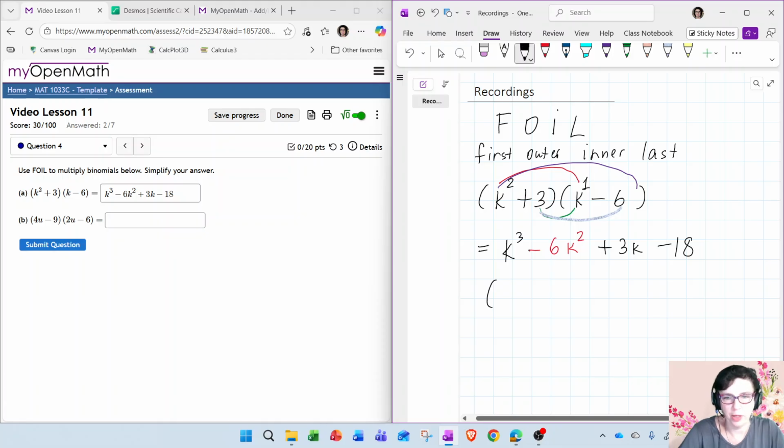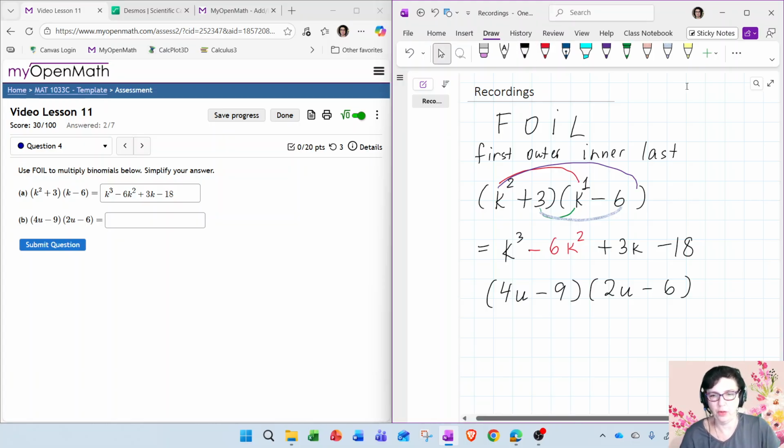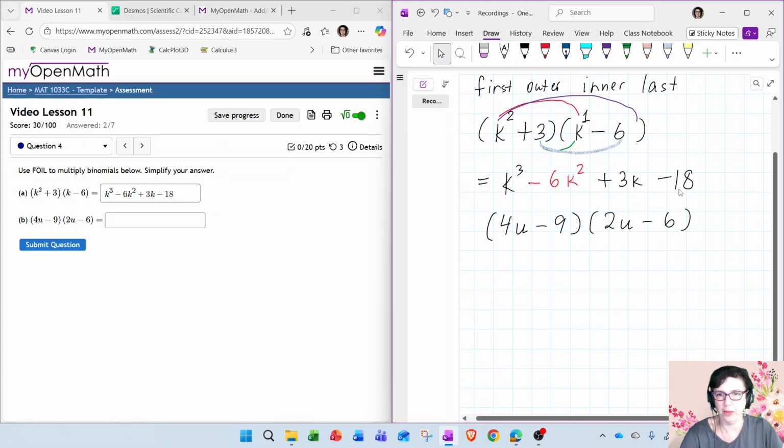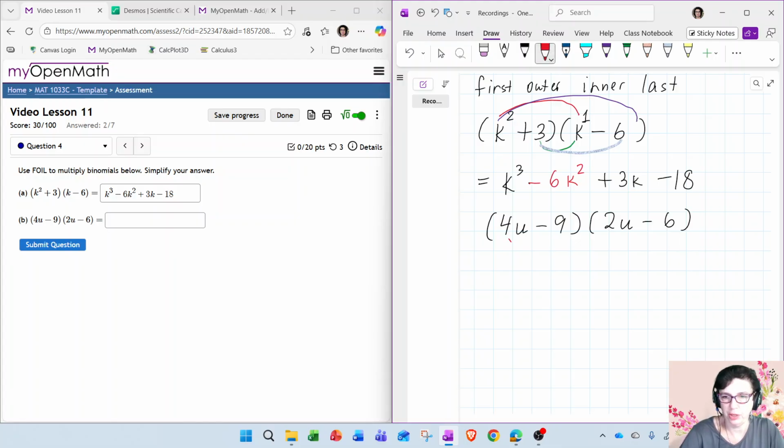We are multiplying 4u minus 9 and multiplying that by 2u minus 6. Again, we are going with the FOIL method, which is first, the first of each binomial, and we get 4u times 2u. Well, 4 times 2 is 8. What is u times u?